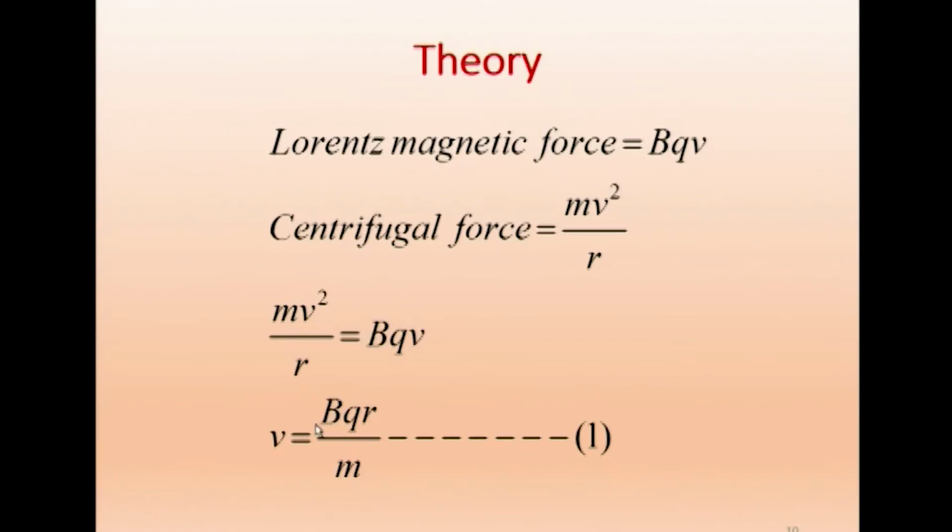And therefore we will see what the velocity is, the velocity with which the particle enters one of the D's. So this v will get cancelled, and I can take this r there, m down. So I get v equal to BQR by m. This is the expression for the velocity when it is taking a radius r inside one of the D's.